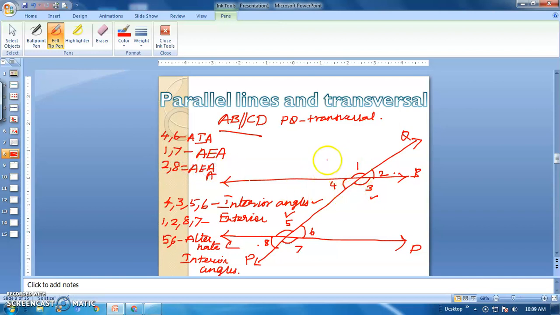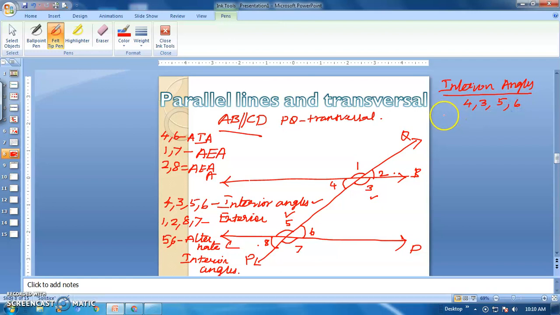Right. So out of 8 angles, we can split them into interior angles and exterior angles. So what do the interior angles mean? 4, 3, 5, 6.